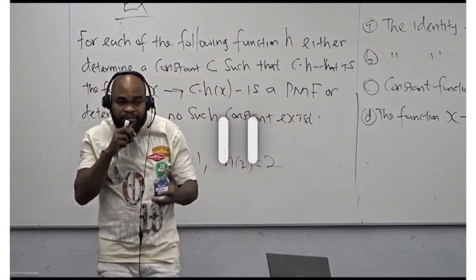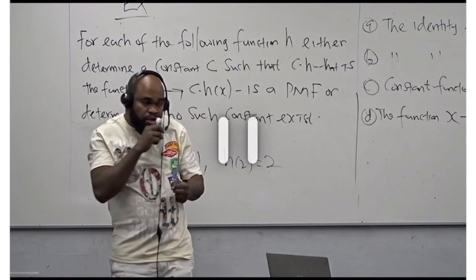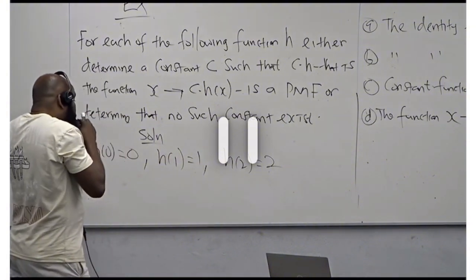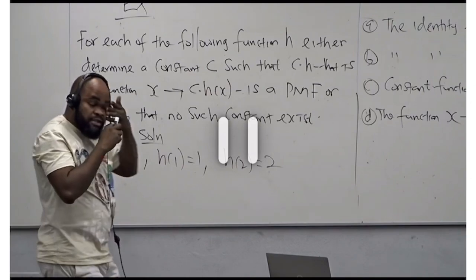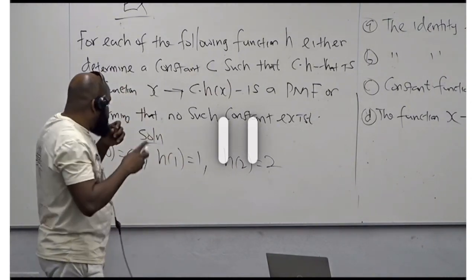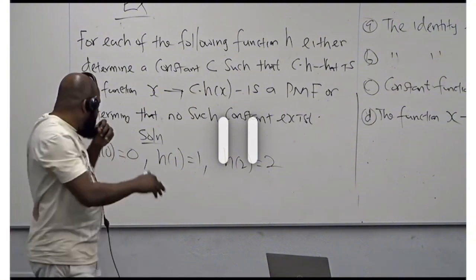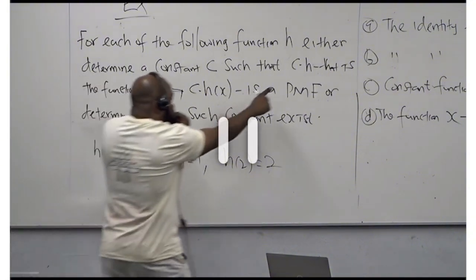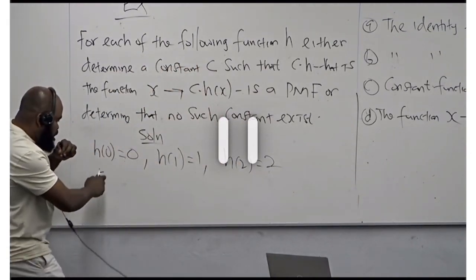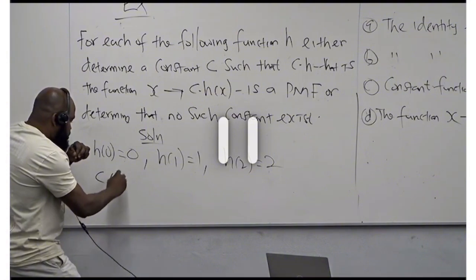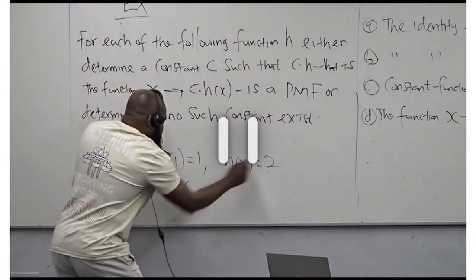A PMF is a probability distribution for a discrete variable. Then you know what I need to do: because I want to find the value of C, I sum the function H multiplied by C. So I have C times 0, plus C times 1, plus C times 2.